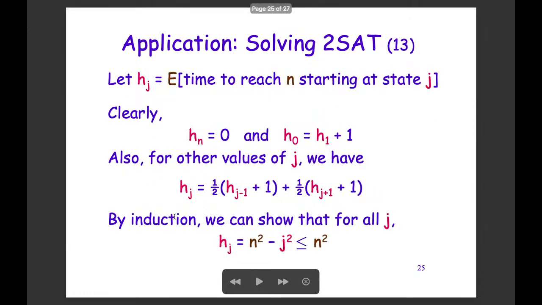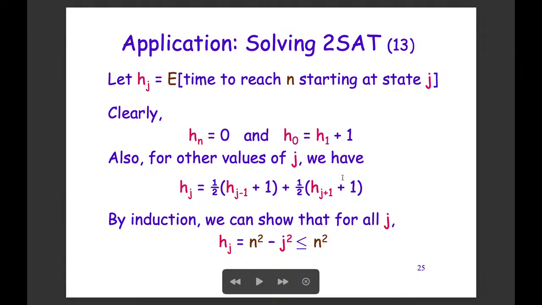This is actually by linearity of expectation. But in general, for the intermediate h of j, it is half of h of j minus 1 plus 1, plus half of h of j plus 1 plus 1. Half of a chance we go back, half of a chance we go forward. And this is the expected number of steps that we move from j plus 1 and j minus 1 to n.